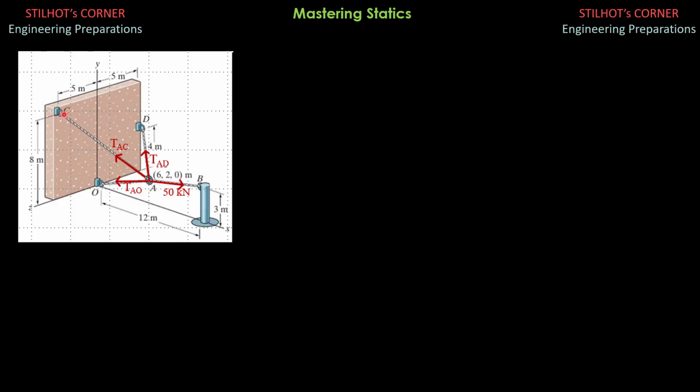So that is R, I choose point C on the axis. So RCO cross tension AO, although you can choose RCA cross tension AO, then that unit vector of axis CD.